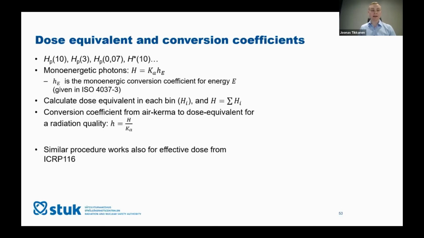After you have calculated the dose equivalent in each bin, you can calculate it for the whole spectrum by summing through the whole spectrum, and then you get the conversion coefficient by dividing this dose equivalent by the air kerma. A similar procedure works with all of these different dose equivalents. You just need to use the right monoenergetic conversion coefficients. And the same procedure also works for effective dose from ICRP 116.